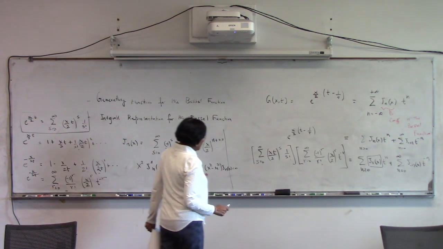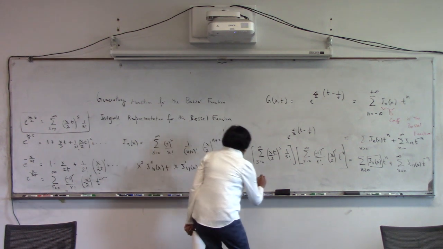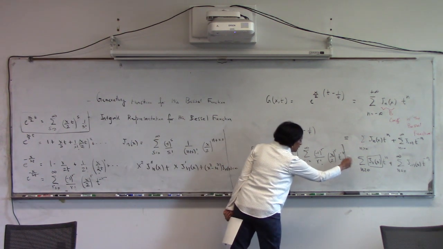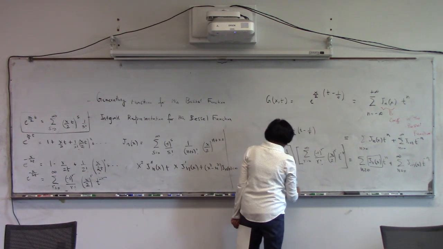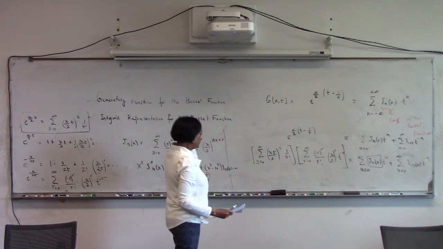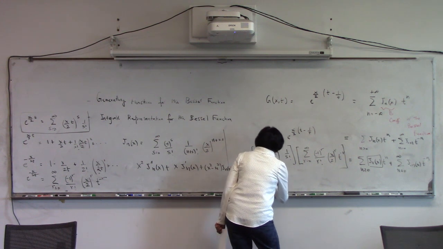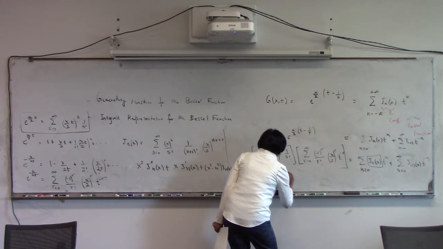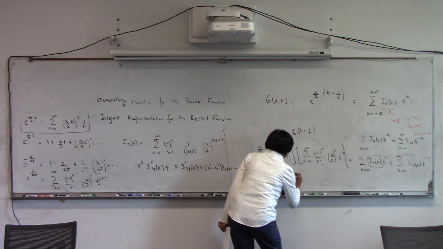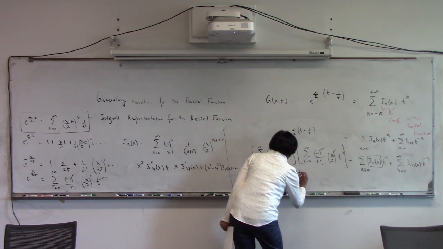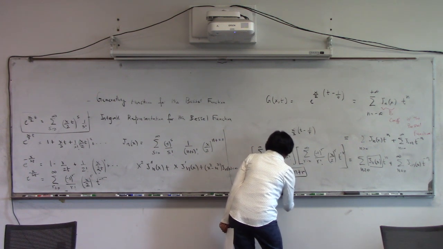All right, so I need to compare the coefficient of t to the power of n on both sides, then I can get the coefficient J_n(x). Supposing this is an infinite series, I'm looking at the term s equal to, let us say, n plus r.